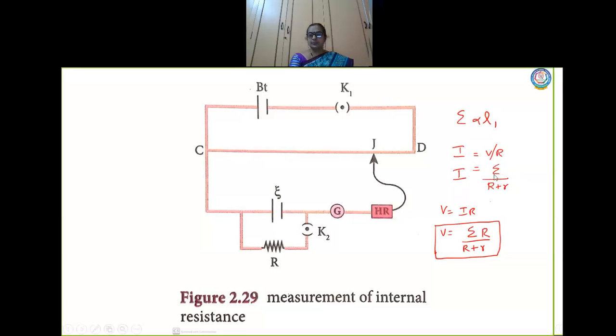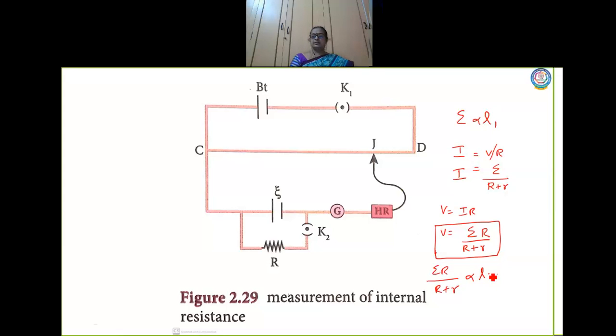To find out the potential drop, V is equal to I into R, and I is psi by r plus R, into R. Now you move the jockey. So psi R by r plus R is proportional to L2.